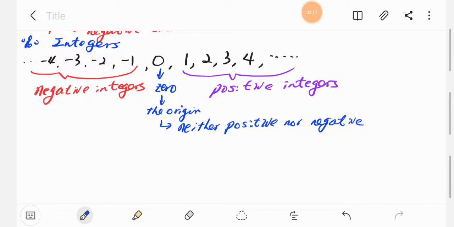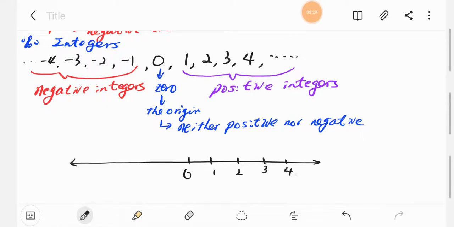For the integers on the number line, the center is always 0. As you go to the right, you get the positive numbers: 1, 2, 3, 4, 5, and so on. If you go to the left, you get -1, -2, -3, -4, -5, and so on.